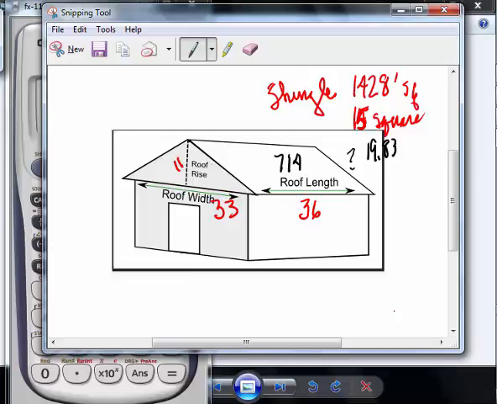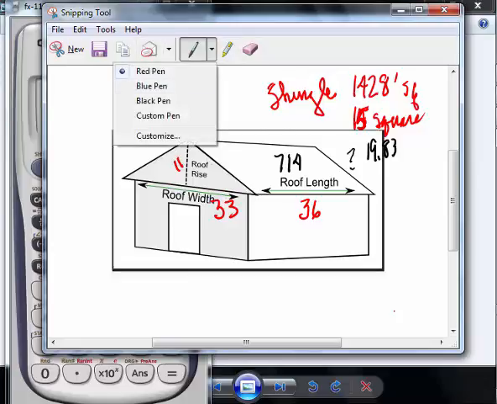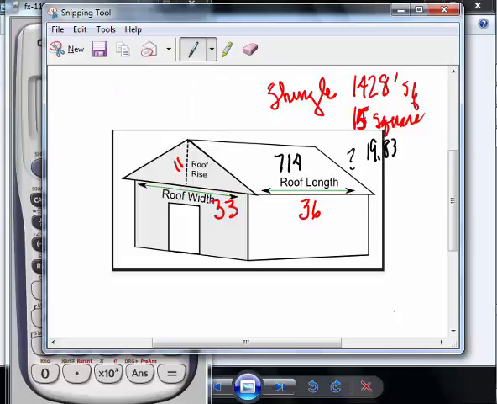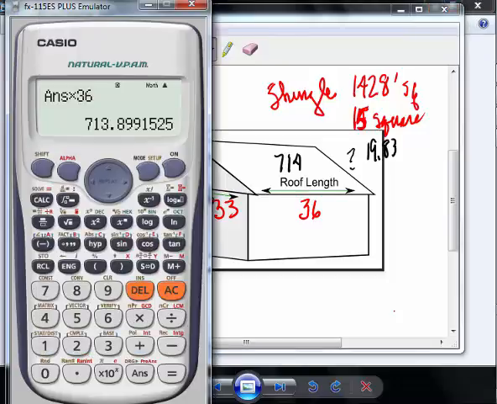Then it says, what is the volume of that roof? Well, volume is the area of the base, which is half.